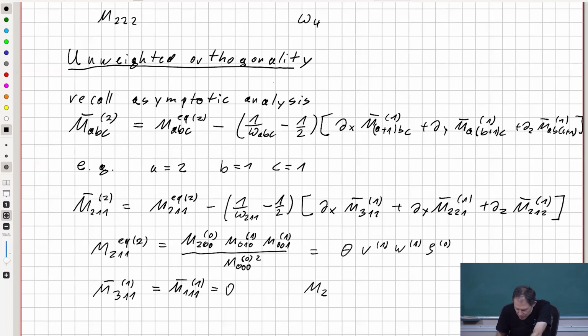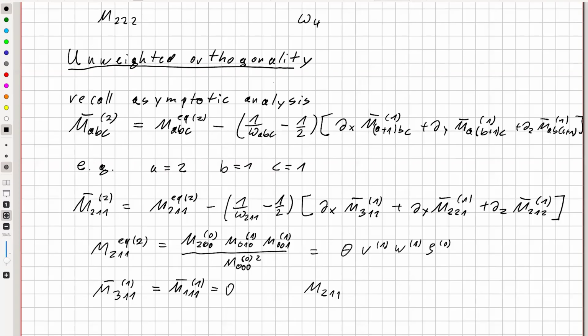Then M212 to first order is actually theta square rho 0 V to first order, and M221 is theta square rho 0 and W to the first order.